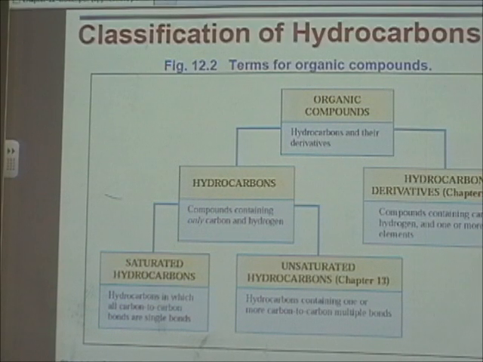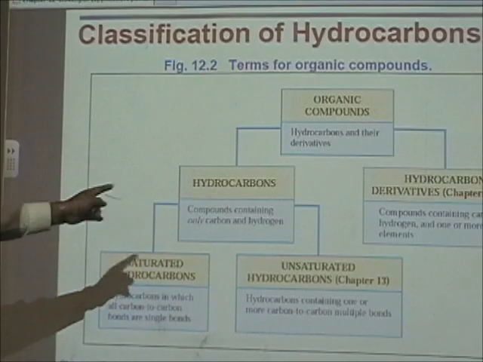A hydrocarbon is carbon and hydrogen only. The derivatives are when one of the hydrogens is replaced by another group, a functional group, like the OH alcohol functional group, or the carboxylic functional group, or various other functional groups. That's what I'm going to do next.